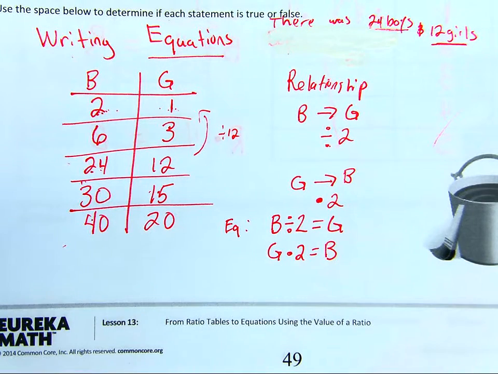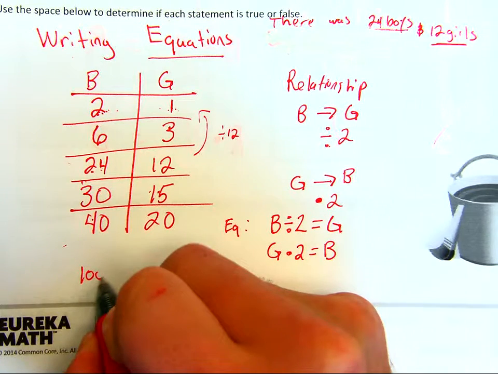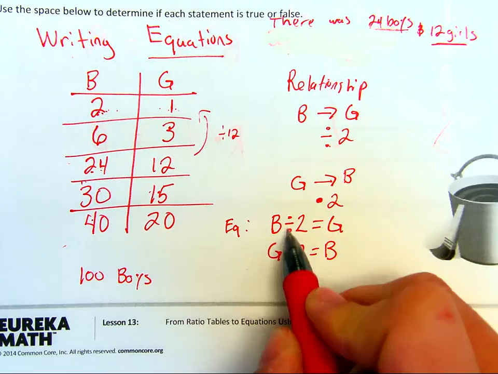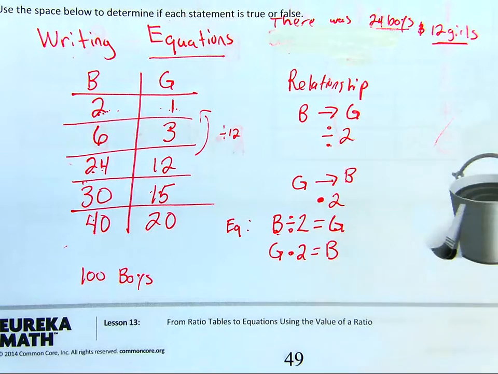If I had, we'll give you the number of boys. So if there was, we'll say 100 boys. So if we had 100 boys, this B stands for boys, the G stands for girls. Those are variables. They are letters that stand for the numbers.